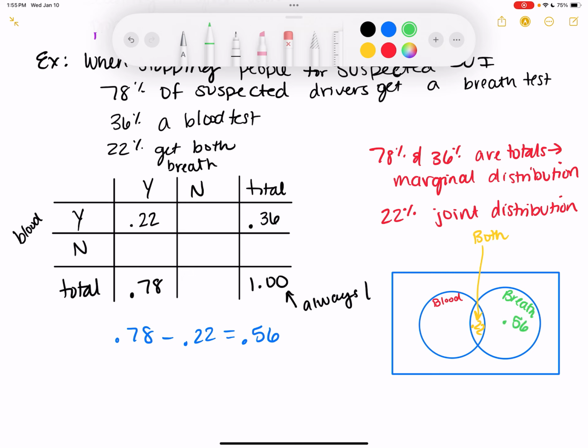So all that means is that 56% just got a breath test. Then we do the same thing for blood, except this one is 0.36, the total that got a blood test, minus the ones that got both, 0.22, is 0.14. So 14% only got a blood test, is what that says.